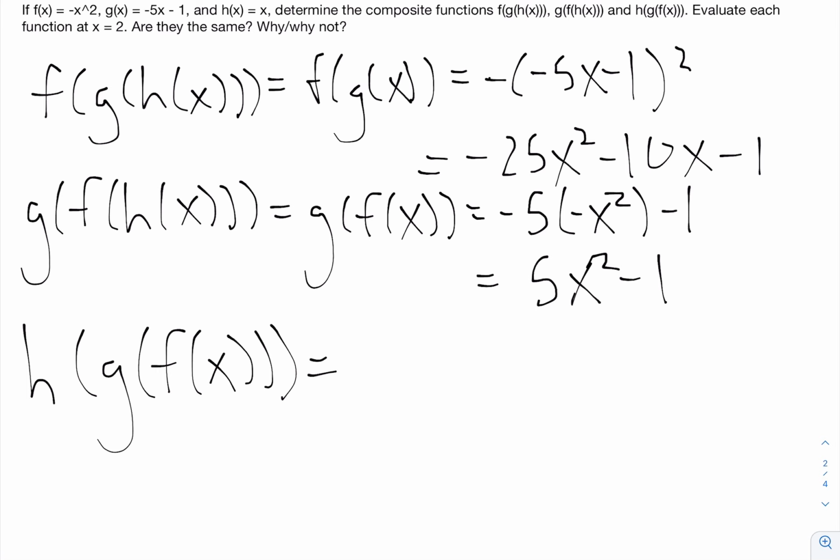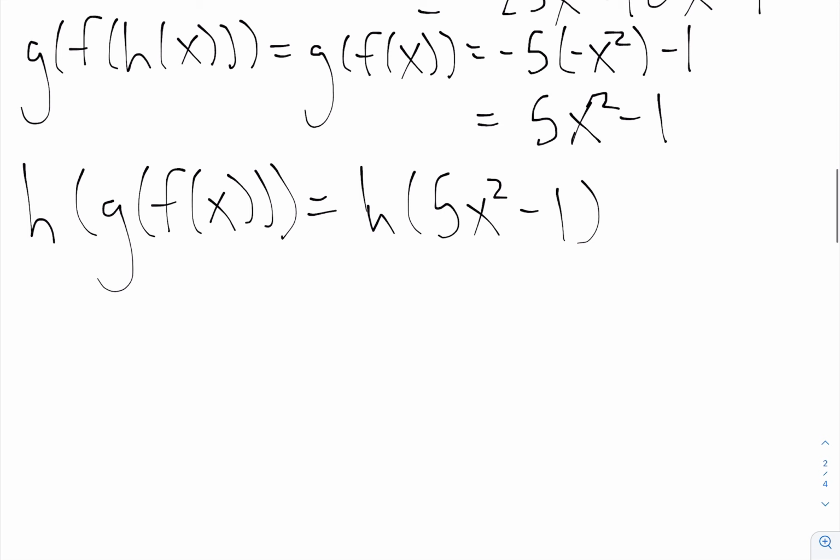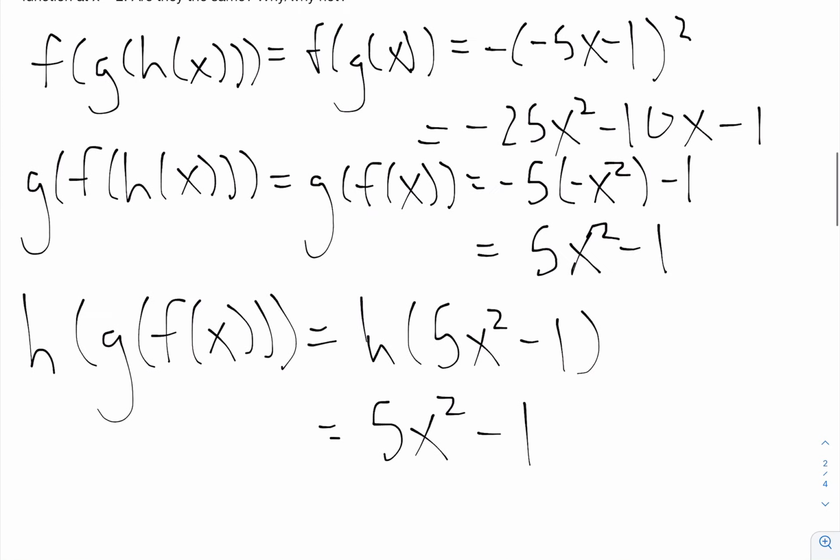So this will be h of 5x squared minus 1, because remember, g of f of x we found here to be 5x squared minus 1. So if we replace it there, we're going to get h of 5x squared minus 1, and that's just going to equal 5x squared minus 1, because h is x, and we can just plug that in, and that's our answer there.